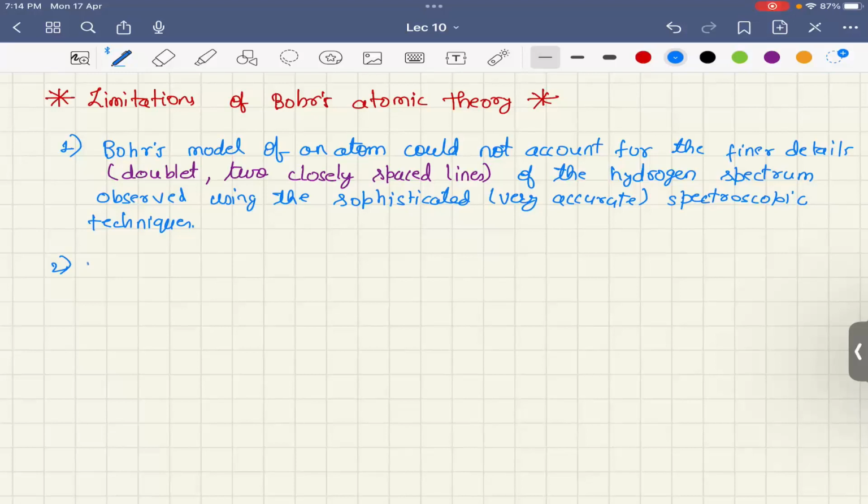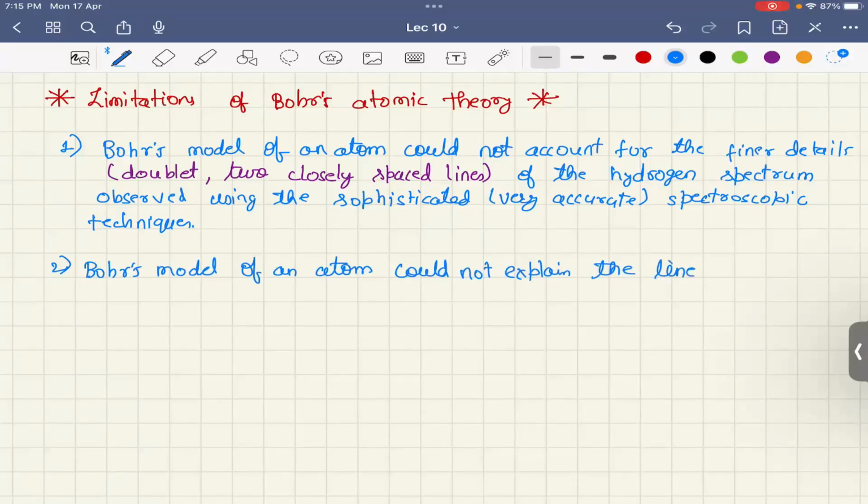The second drawback of Bohr's theory was that Bohr's model of an atom could not explain the line spectra of atoms containing more than one electron, right?